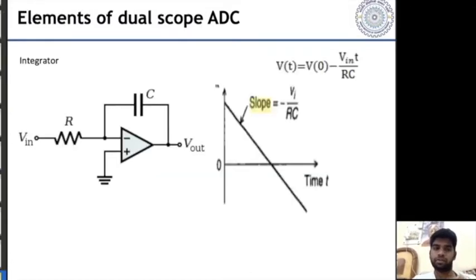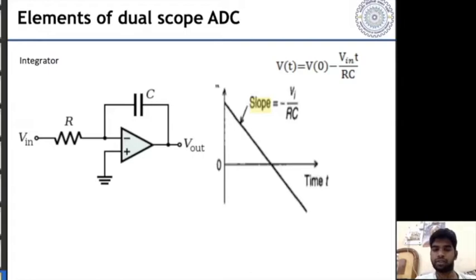The second type of ADC is dual slope ADC. Here are the elements that are basically used in dual slope ADC, that is an integrator. Here you can see V input in series with R, which is connected to a gate, and then a capacitor attached on the top.